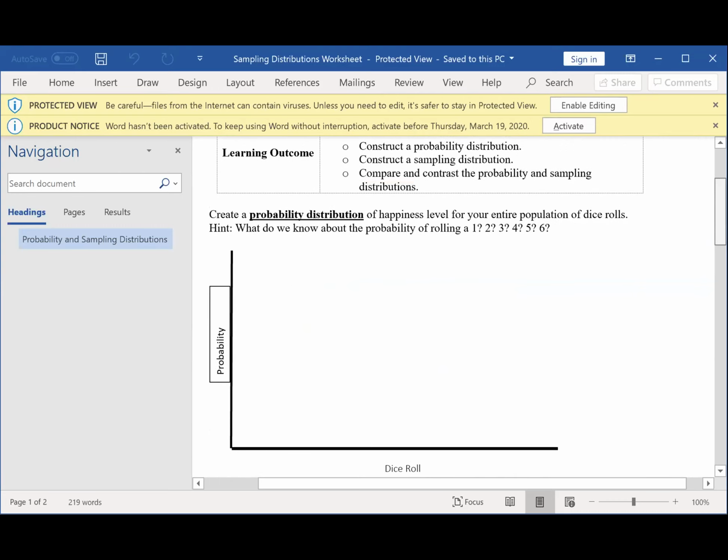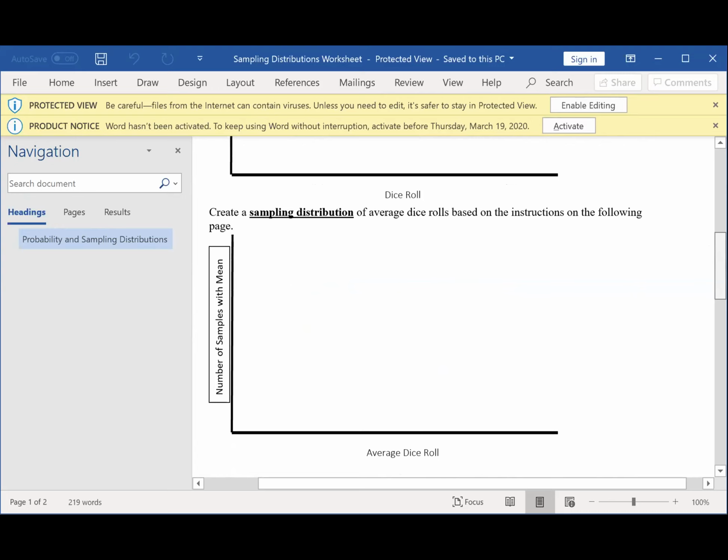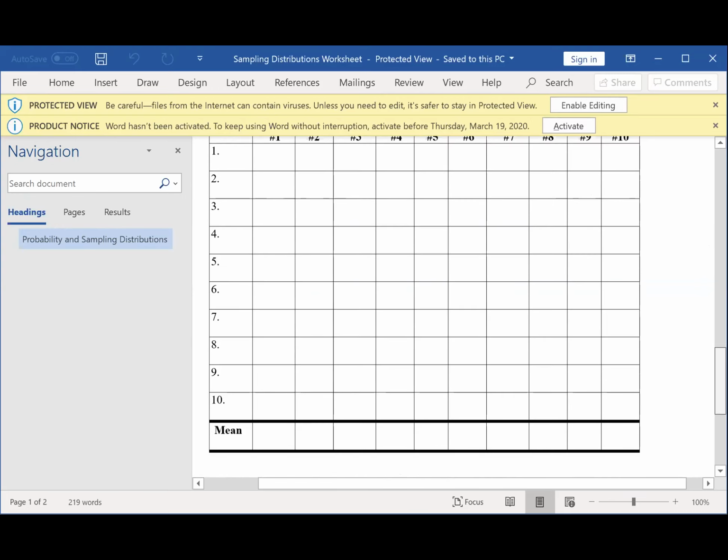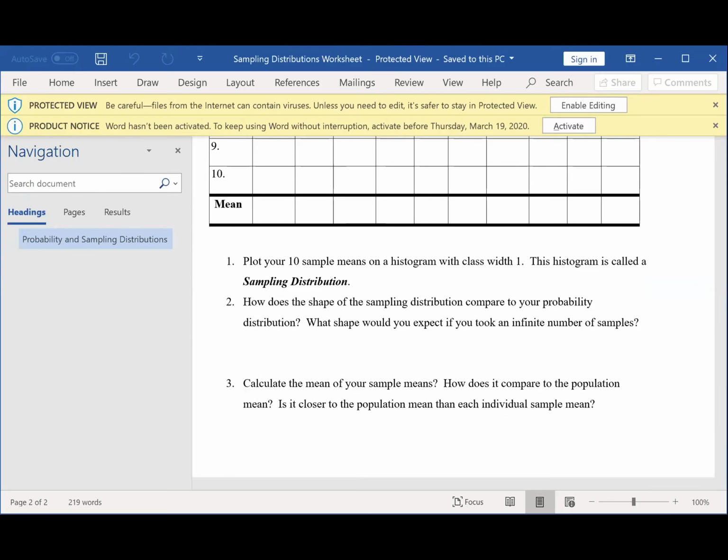The top part is the probability distribution, and the bottom part is based on average rolls that you'll calculate below. So you'll want to print that off and then fill that in by hand and then re-upload it. Now, when you upload it back to Moodle, I want you to use a certain scanning software that you can get on your iPhone for free, and details about that are on the Moodle assignment page.